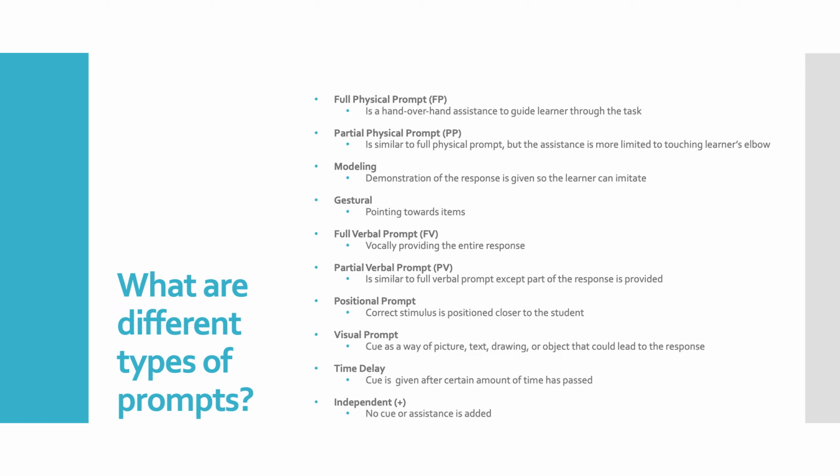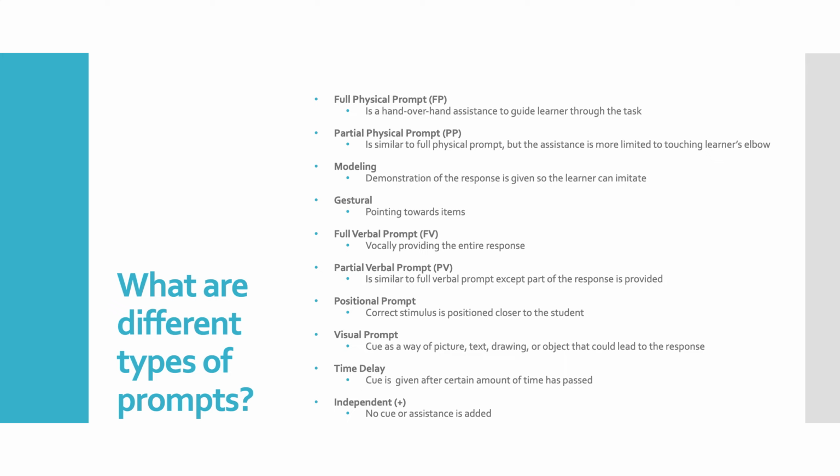Then your learner would say meow. Now, if you do a partial verbal prompt and you say, what does a cat say? And your partial verbal prompt would be "me." And then the learner should say meow. That's the partial verbal prompt.